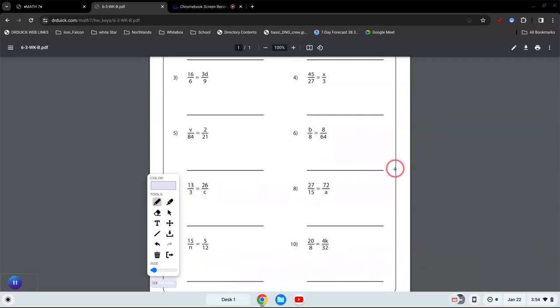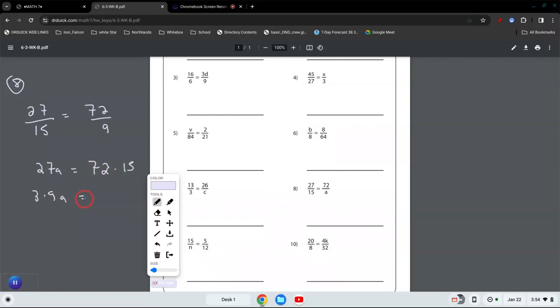Let me show you how I would do it for this one. Number 8, 27 over 15 equals 72 over A. Cross multiply first. 27A is equal to 72 times 15. I know that this is 3 times 9. 3 times 9A.